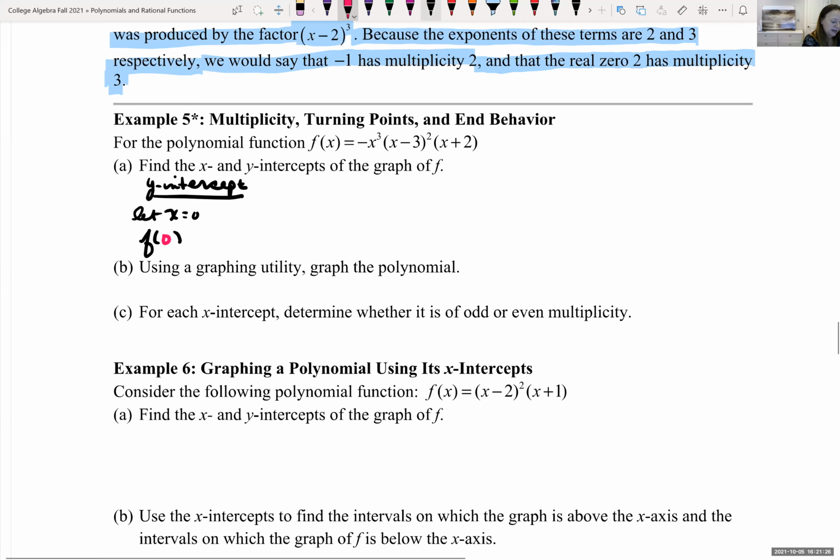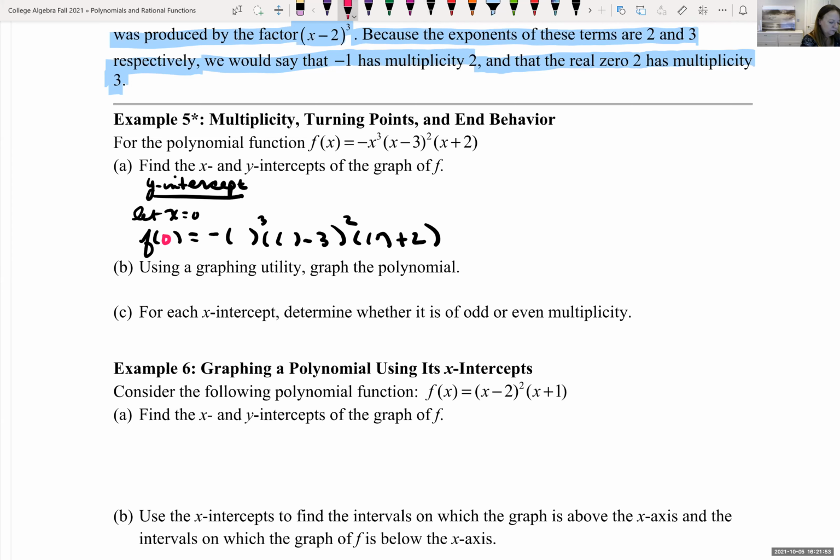And wherever we see an x in our function, we're going to replace it with 0. So first we put parentheses wherever we see an x, and then put 0 inside the parentheses. So we have negative parentheses cubed, parentheses minus 3, that quantity squared, parentheses plus 2.